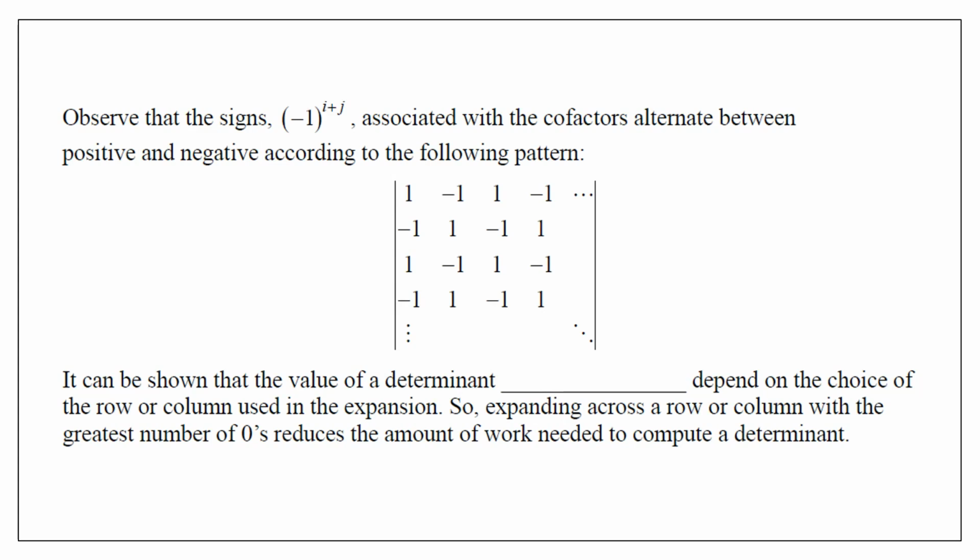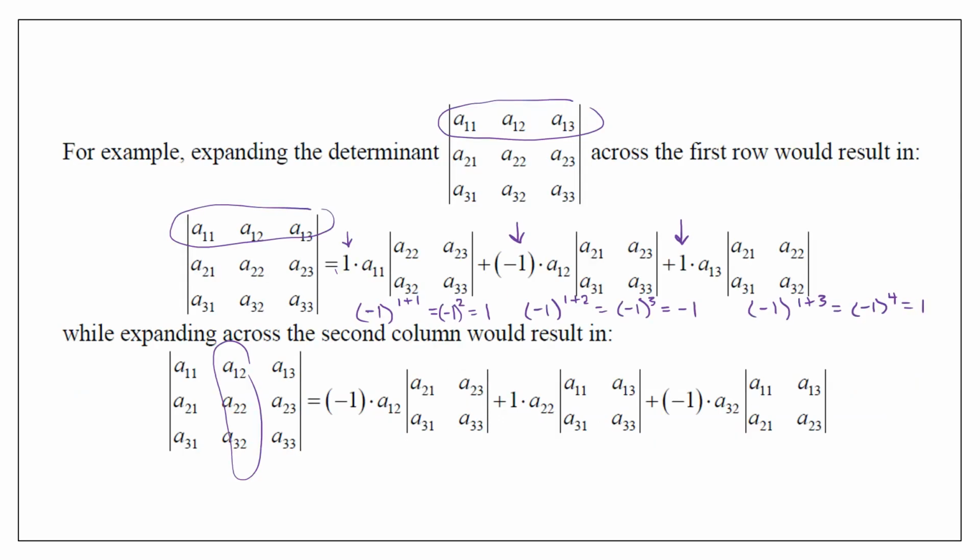It can be shown that the value of a determinant does not depend on the choice of row or column used in the expansion. So expanding across a row or column with the greatest number of zeros reduces the amount of work needed to compute a determinant. You can expand across any row or any column.